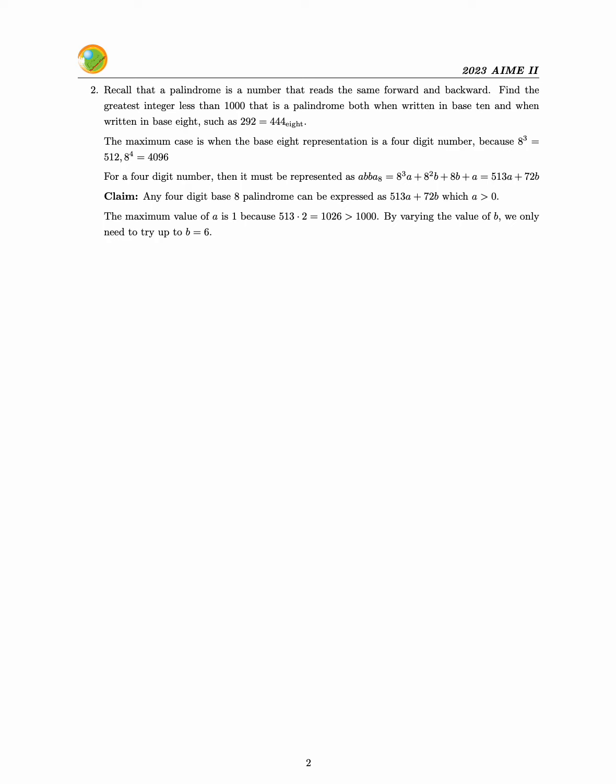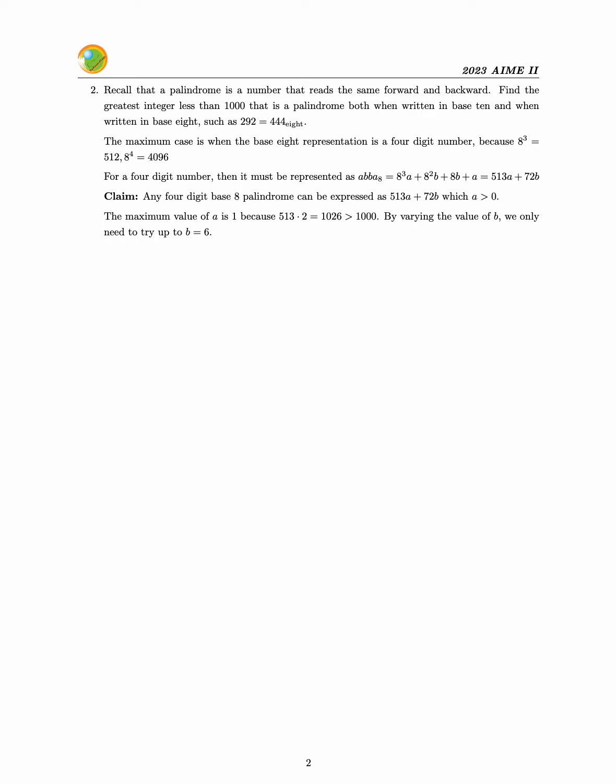What about 513 plus 72 times 2? That is equal to 513 plus 144, which is equal to 657, but that is not a palindrome, since 7 is not equal to 6. And now 513 plus 72 times 3, that's 513 plus 216, which is equal to 729, and that is still not a palindrome.